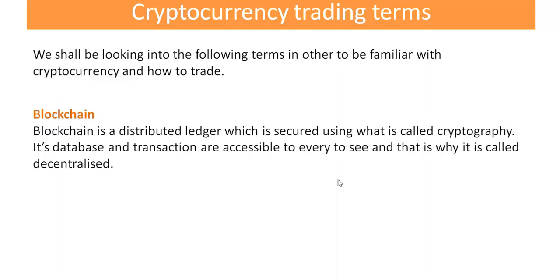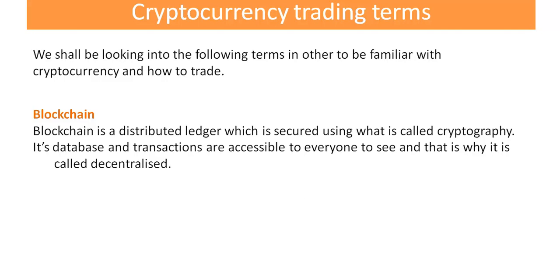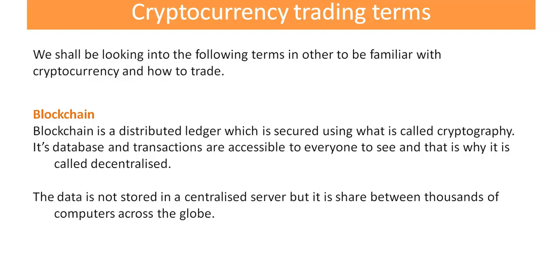Blockchain is a distributed ledger which is secured using what is called cryptography. Its database and transactions are accessible to everyone to see, and that's why it is called decentralized, unlike our regular bank. The data is not stored in a centralized server, but it is shared between thousands of computers across the globe, computers that we call nodes.